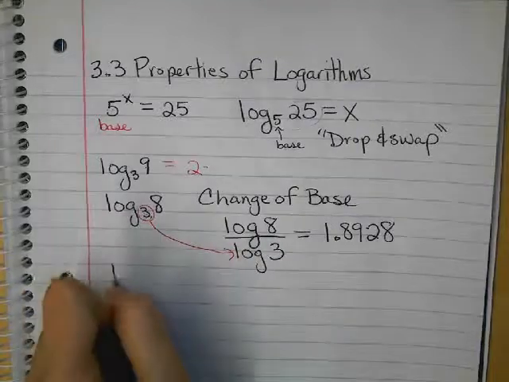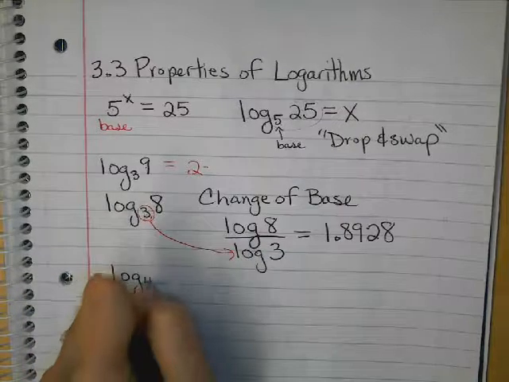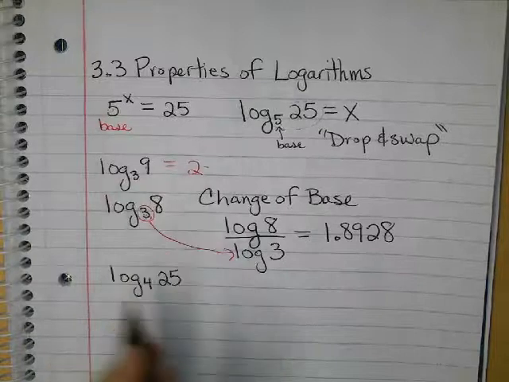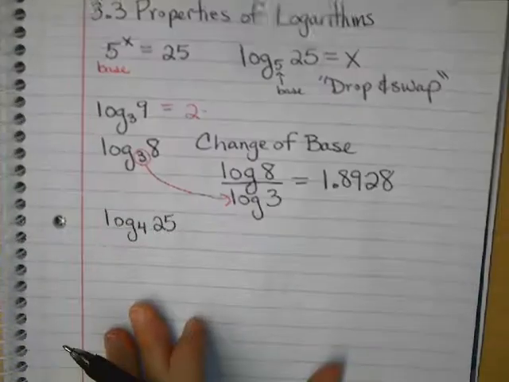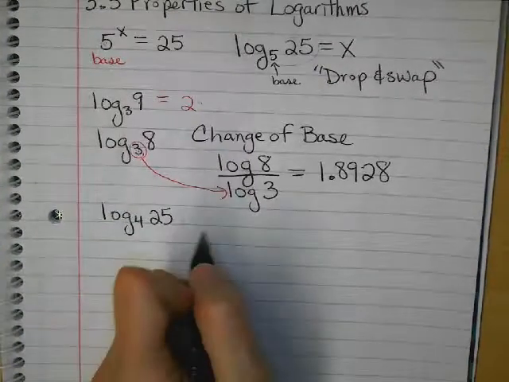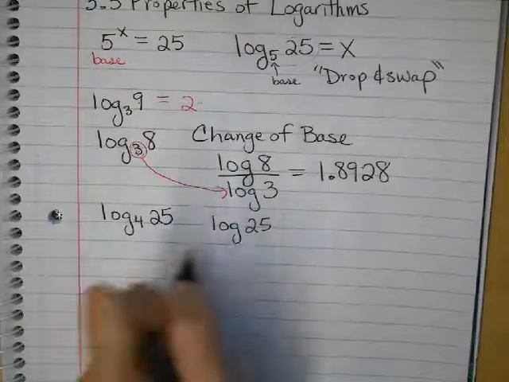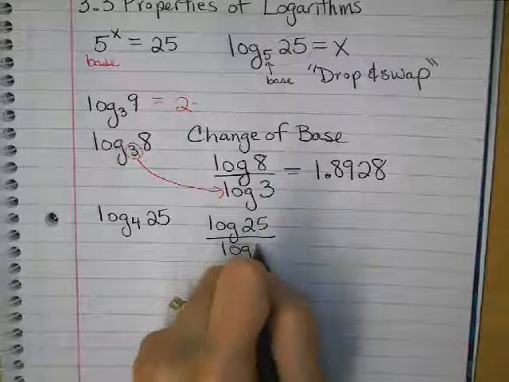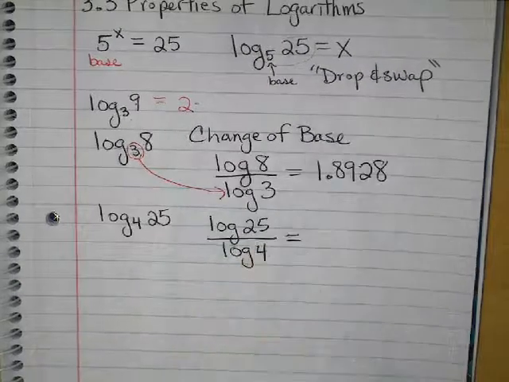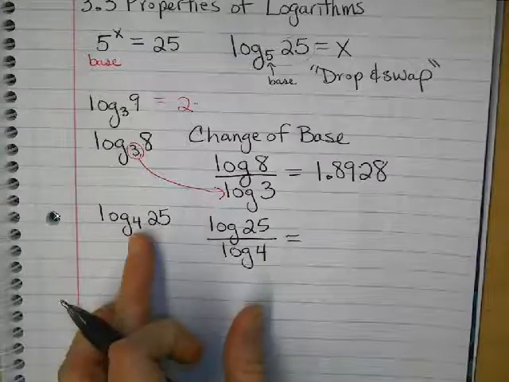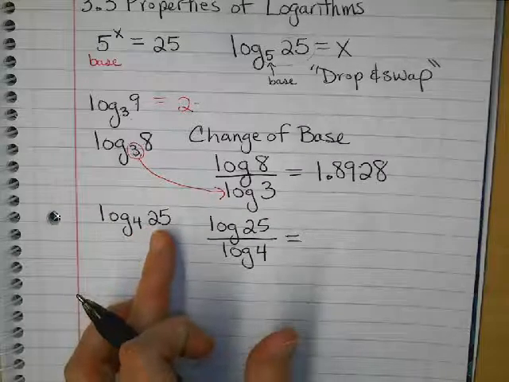So let's do one more of those. If it said log base 4 of 25, you would just grab a calculator and do log of 25 divided by log 4. Because you can't think of 4 to what power would give you 25. That's not going to come out nice.